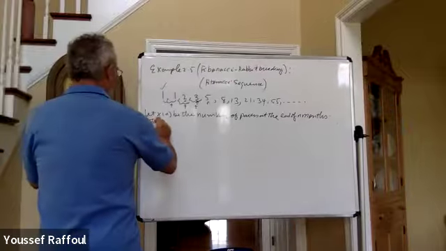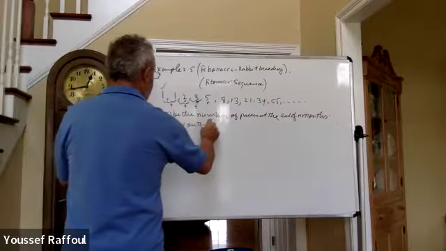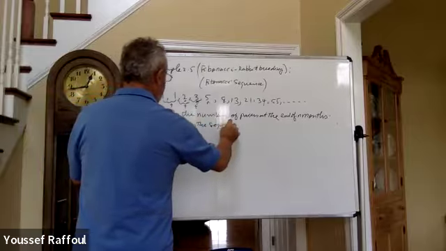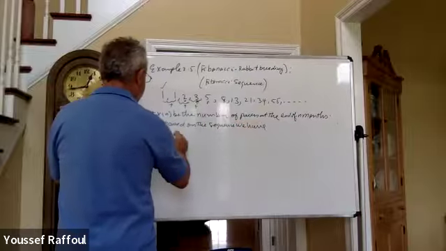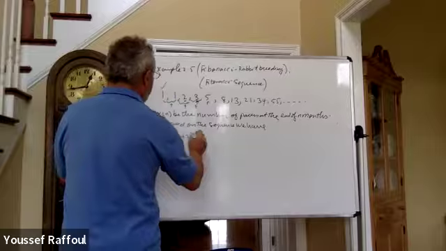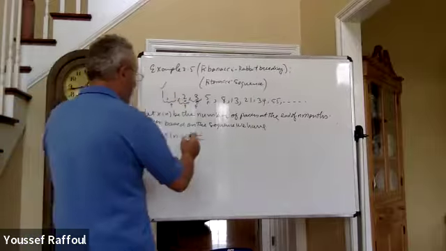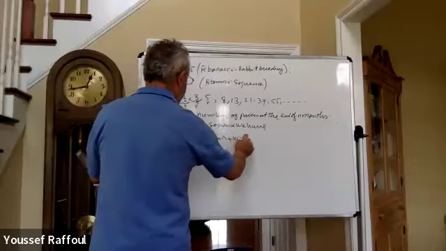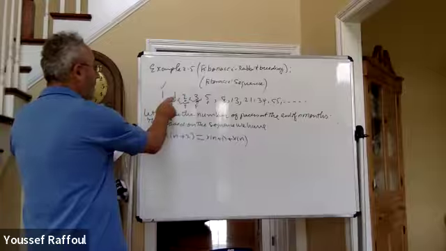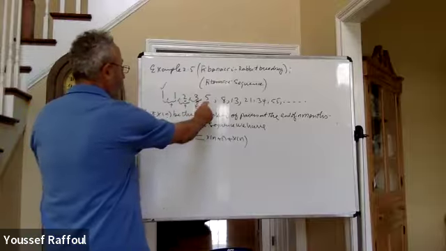Then based on the sequence, we have x at n plus 2, for example, here will be xn plus 1 plus xn. This is xn, this is xn plus 1, this is xn plus 2.